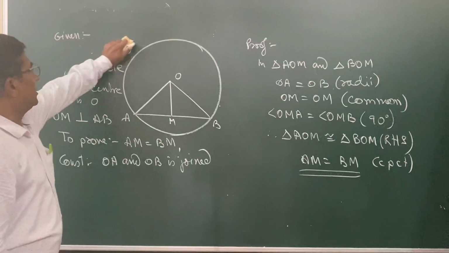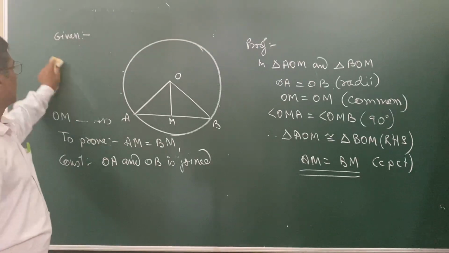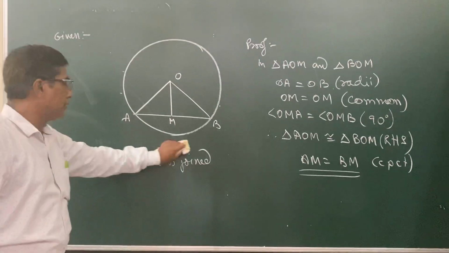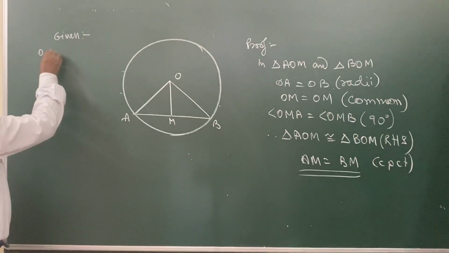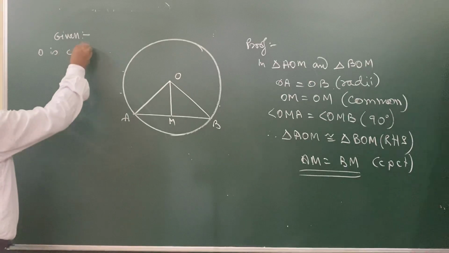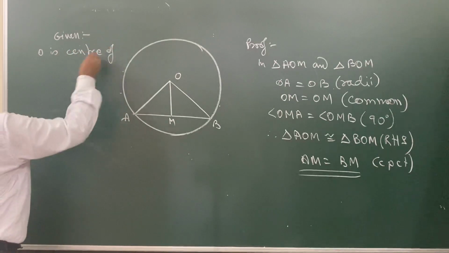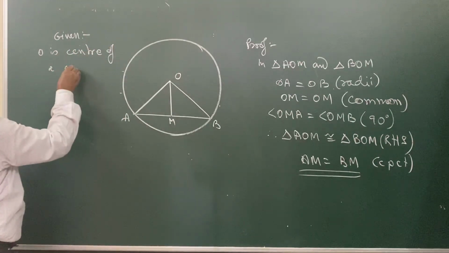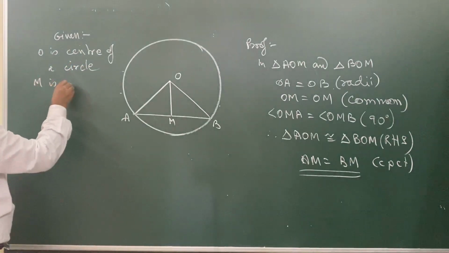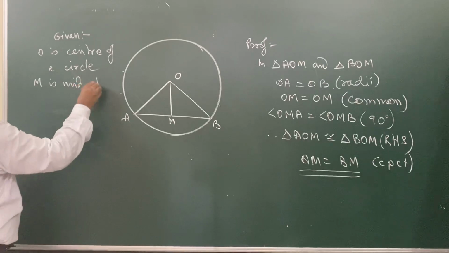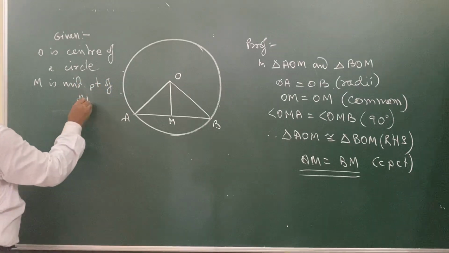Now the question is reversed. Suppose you are told O is the center of a circle, M is the middle point of AB.